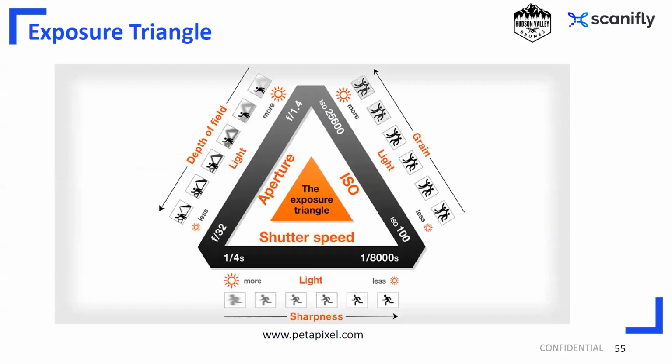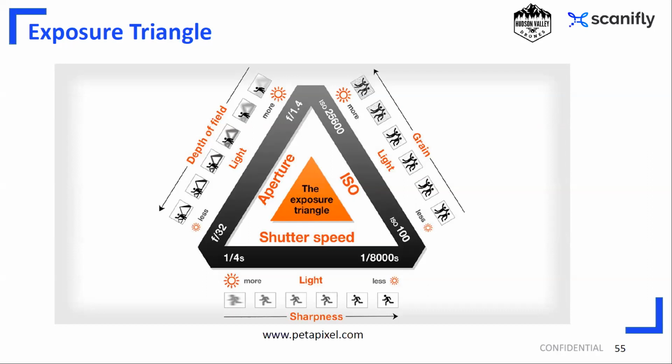So this is the exposure triangle. The exposure triangle is a visual representation of what we can adjust in a photograph in order to correct certain environmental issues. Along the bottom, you'll notice shutter speed, from 1/4 second to 1/8,000th of a second, and that indicates the amount of time that the shutter is open and exposing the light of your subject to the film. On the left side, you'll see the aperture.